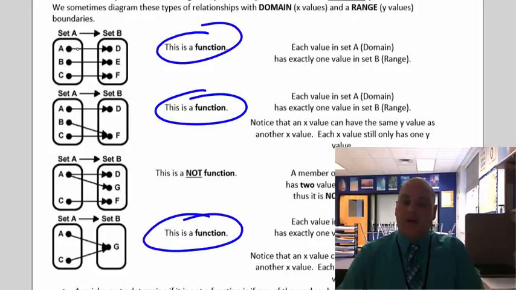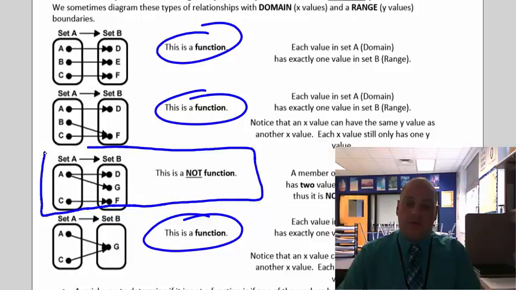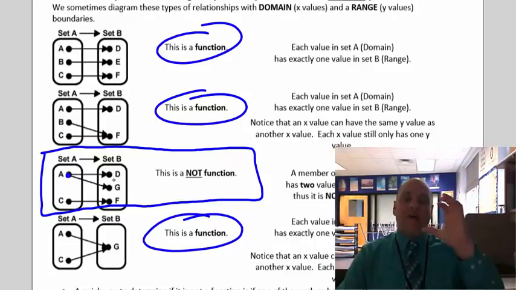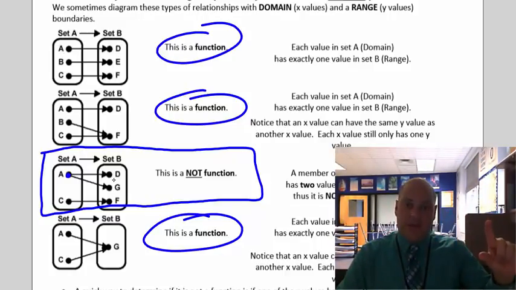These 3 are functions because everything in set A corresponds to only one thing in set B. But if you look at this one right here and how it is different from the other 3, see how in set A the A corresponds to D and it also corresponds to G? That is not allowed in a function. So everything in set A can correspond to only one thing in set B.